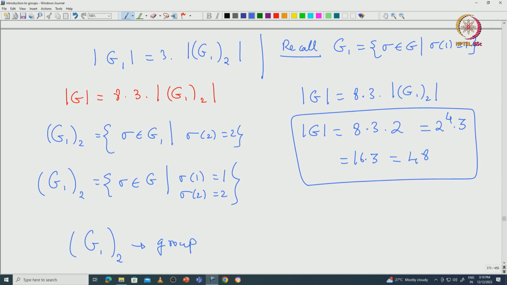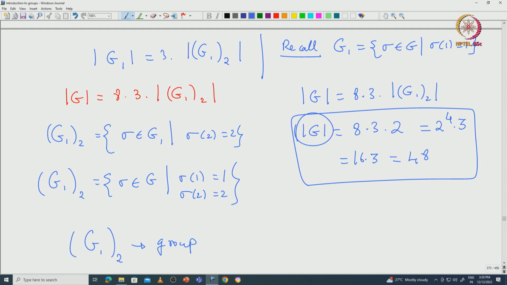So this demonstrates that if you have enough information about the orbit and the stabilizers, one can also compute the cardinality of G. This is also a very important thing, because by knowing the information about the orbit, you can come down to some smaller group, and computing the order of that smaller group is good enough to compute the order of the bigger group.